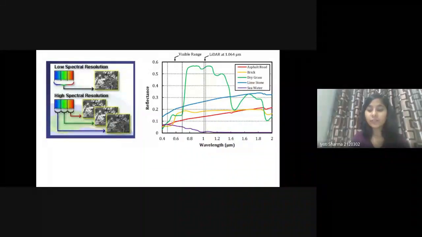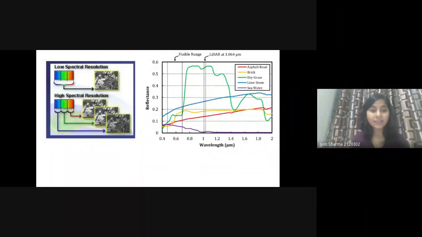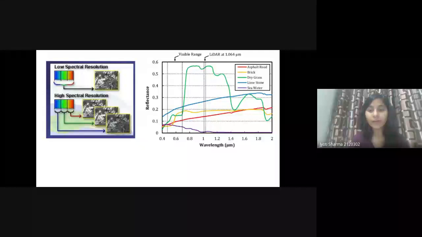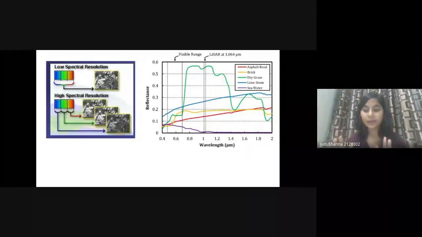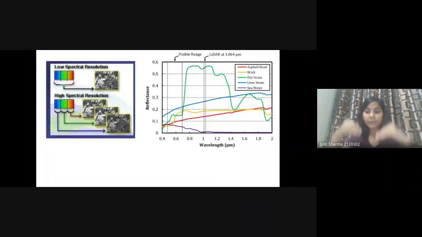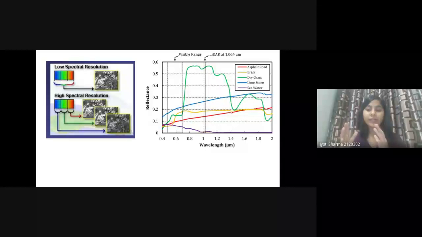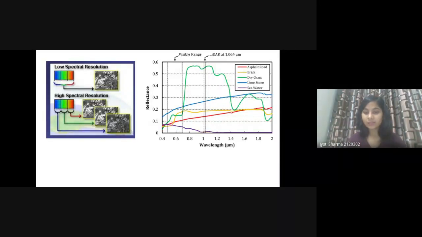But if your sensor senses this light as three different bands, it is like three different types of radiation that the surface is reflecting, and these three types of radiation can be captured by the sensor. So this is the high spectral resolution.